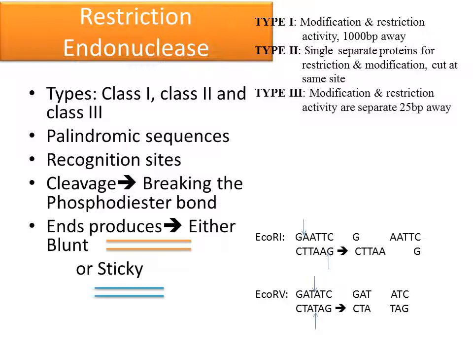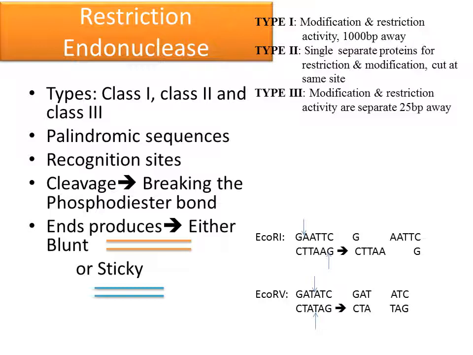This enzyme breaks the phosphodiester bond between guanine and adenine. So if it is breaking between G and A, there is an overlapping unpaired region of AATT. So these free nitrogenous bases make a sticky end.